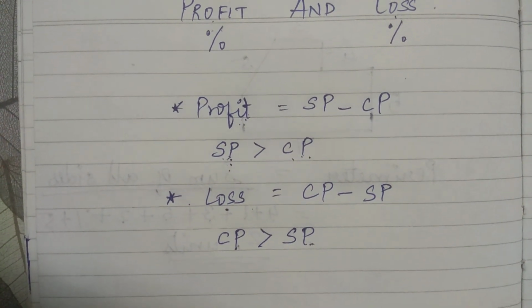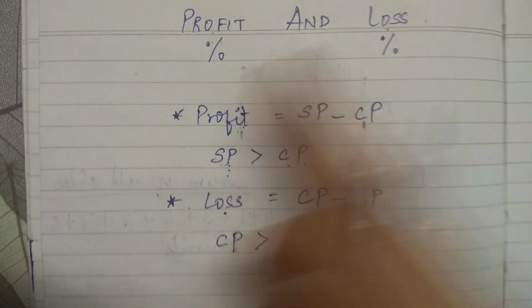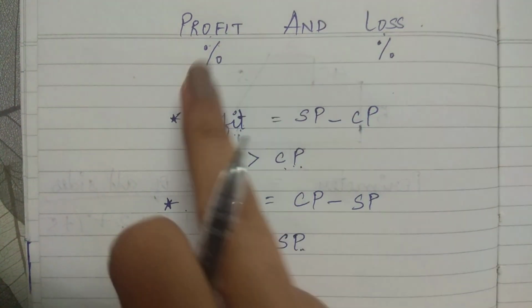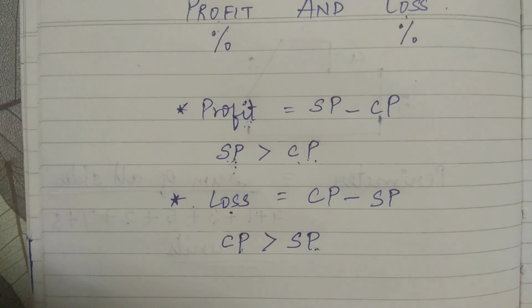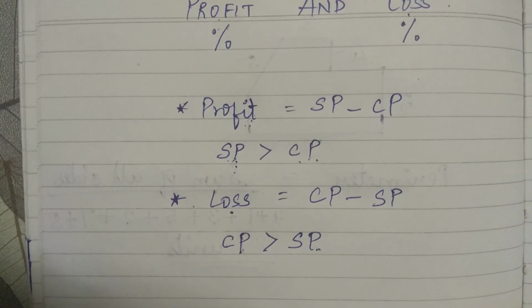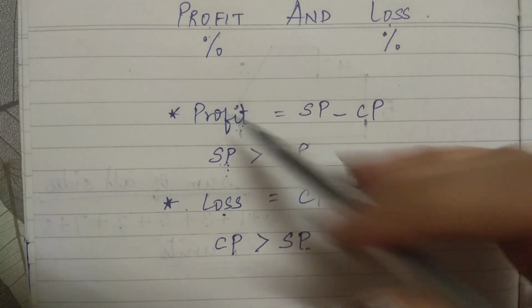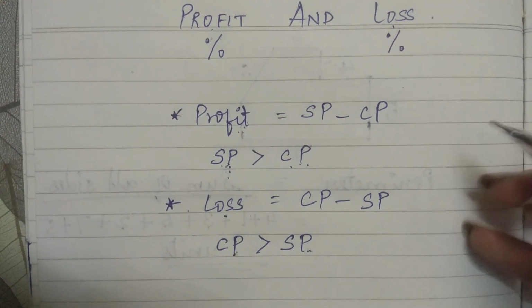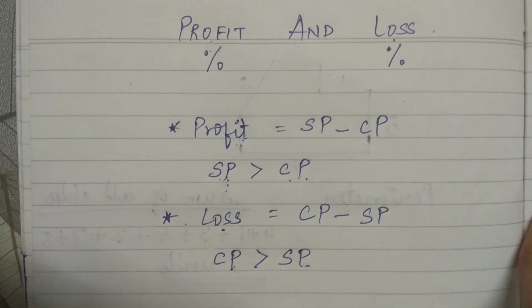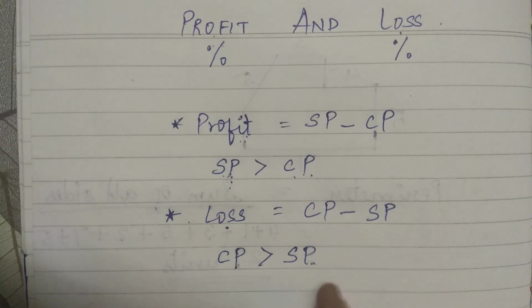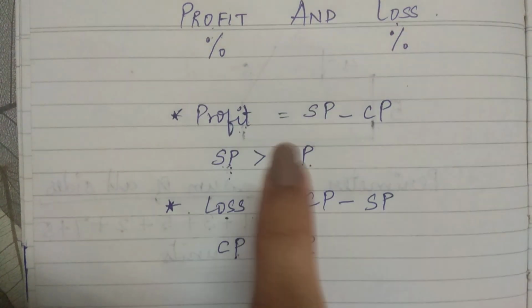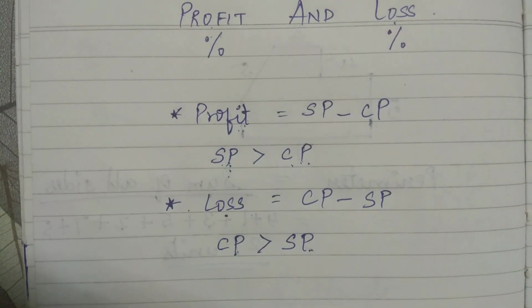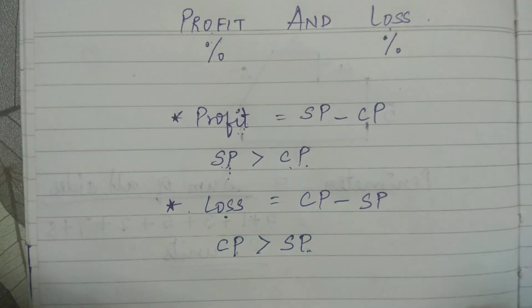Always people determine their profit or loss in terms of percentage. If you hear a conversation or any news article, you will see that so and so company had a profit of XYZ percentage, so and so company had a loss of XYZ percentage. So the profit and loss is always said in terms of percentage.